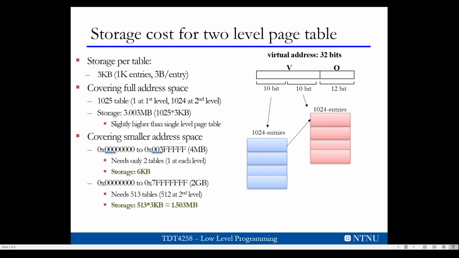But we are paying this 1.5 megabytes when we are sure that we will use 2 gigabytes of virtual address space. So the good thing about 2 level page table is that our storage requirements grow only if we are really using more virtual address space. If we are using less virtual address space, we pay less in storage.